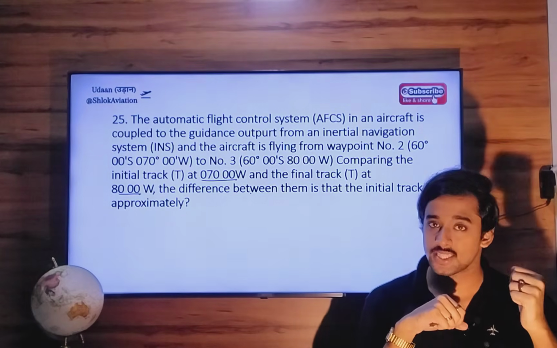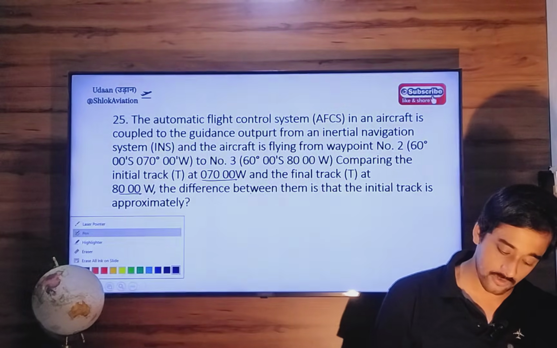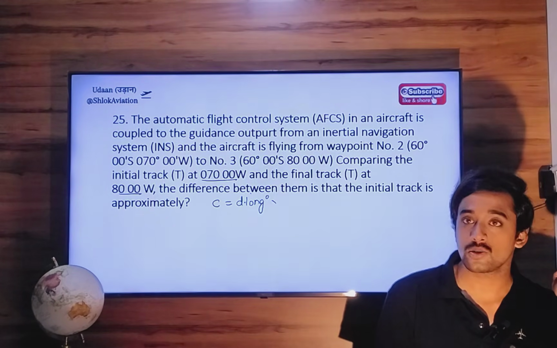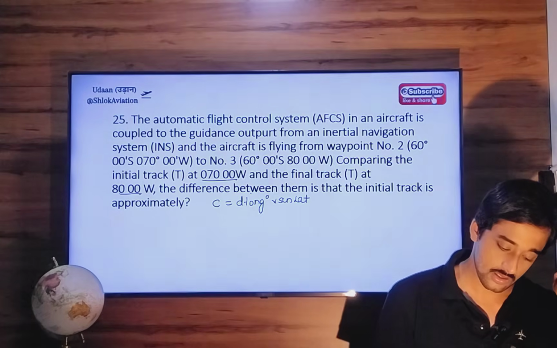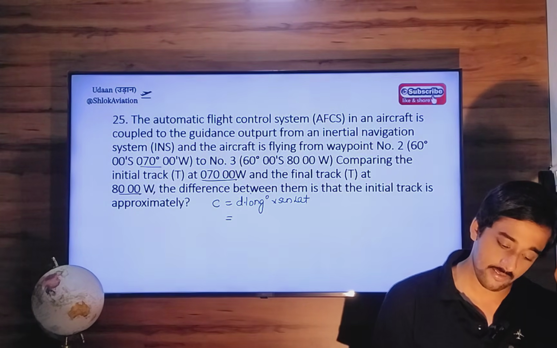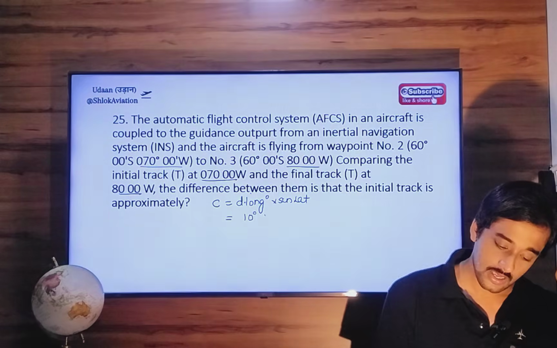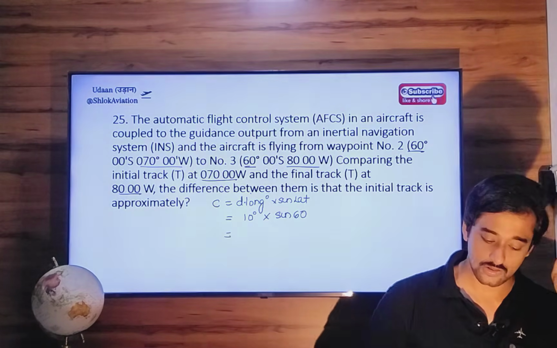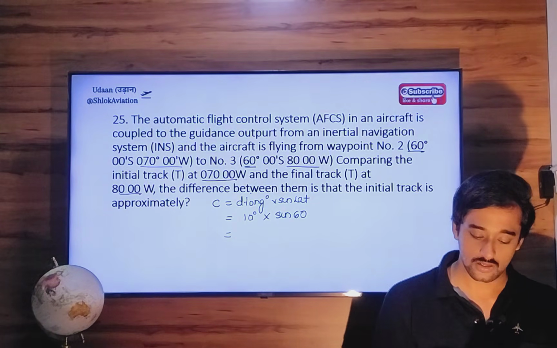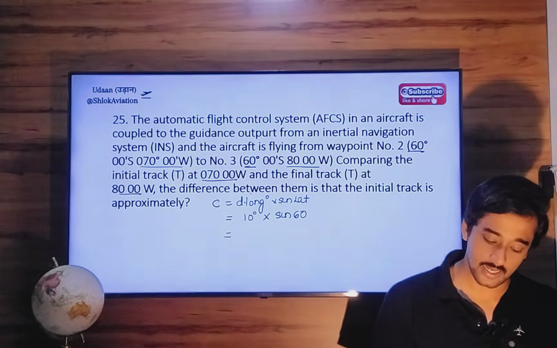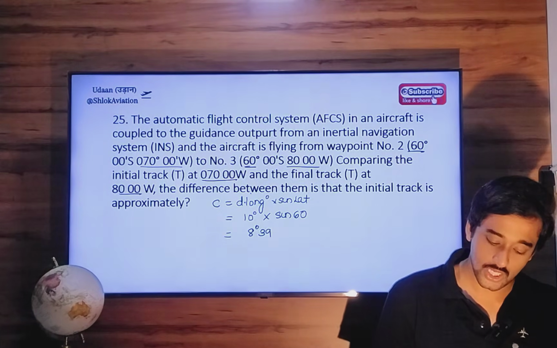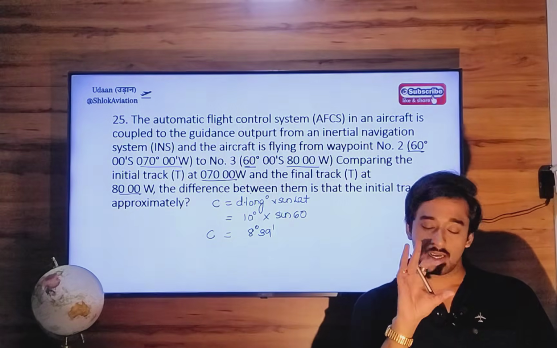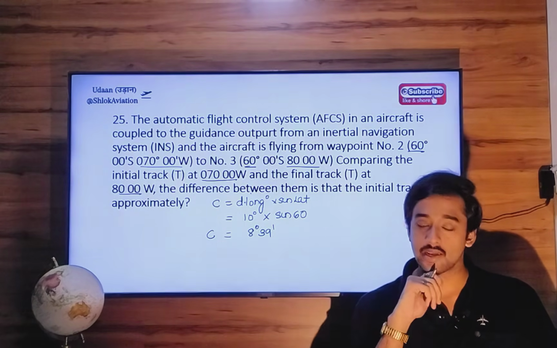So we have to find the value of convergency, which is d long in degrees into sine of latitude. So d long is 70 west, 80 west, 10 degrees, latitude 60, sine 60. 8 degrees 39 minutes is your convergency. So the difference between the initial track and final track will be equal to 8 degrees 39 minutes.